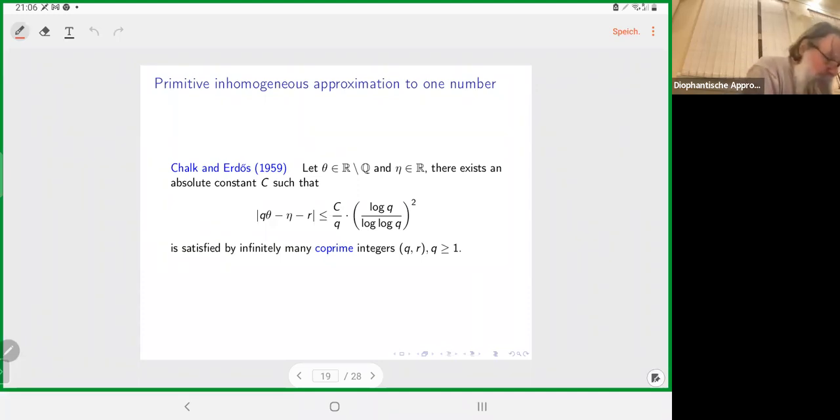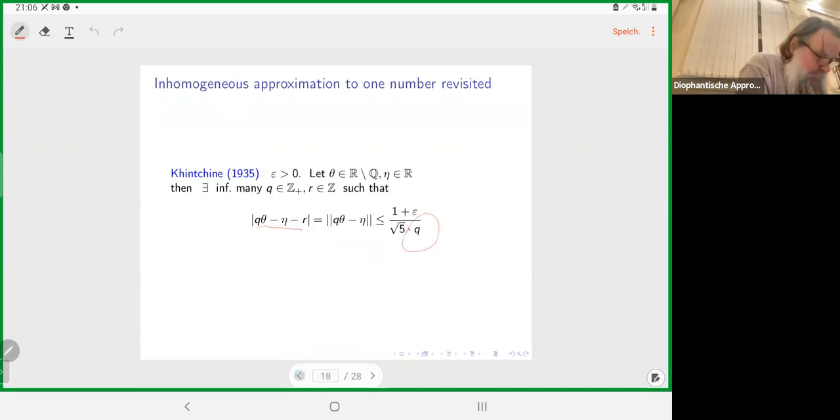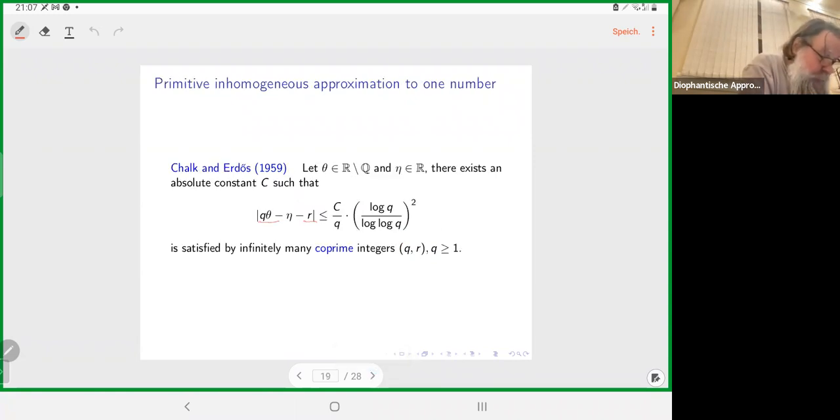So you see, to have this coprimality in approximation, you should pay something. Instead of this 1 over Q, which comes from Khintchine and Chebyshev, you should have this additional factor, which comes from simple analytics.